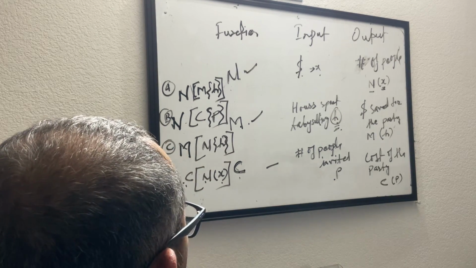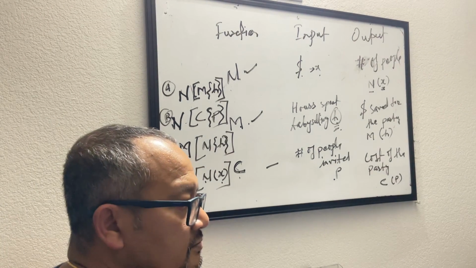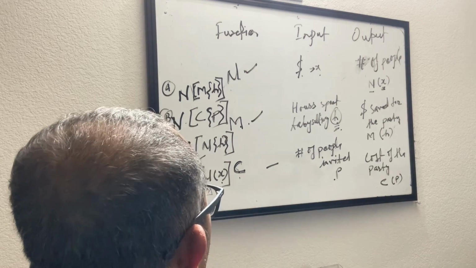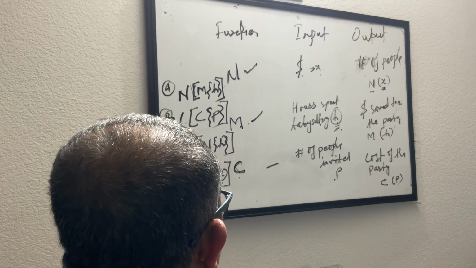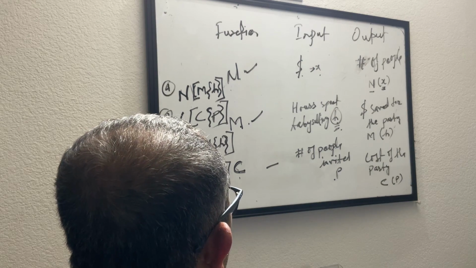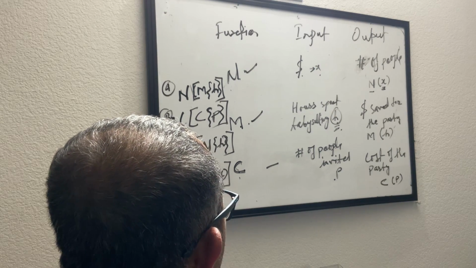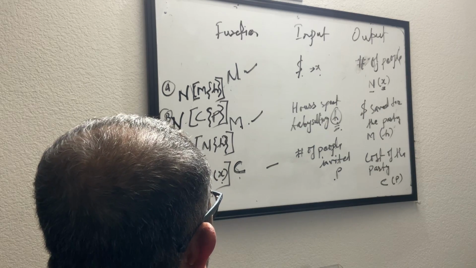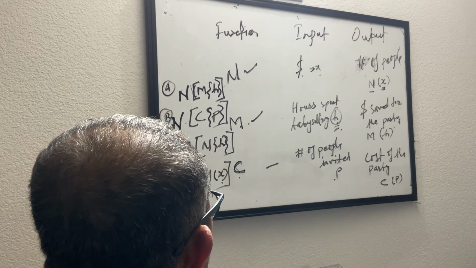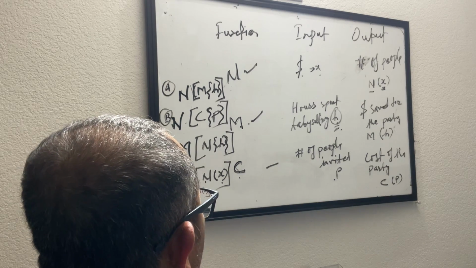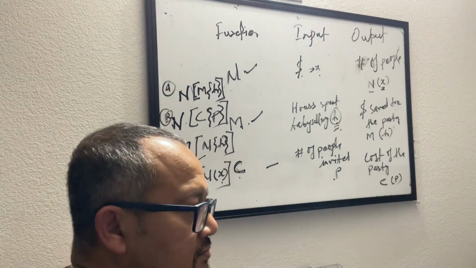I think it's definitely the first one. That's guaranteed. And then the cost of the party is dependent on the number of people who come. I feel like that would work too. And n of h, I just feel like something's not right about that because the h isn't there, and there's nothing to do with h in it.